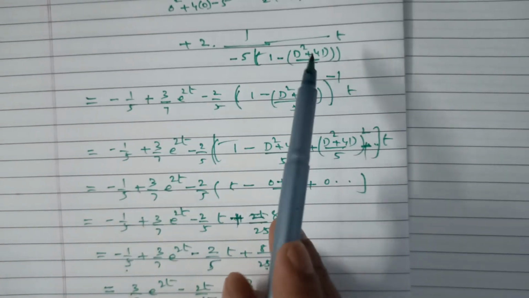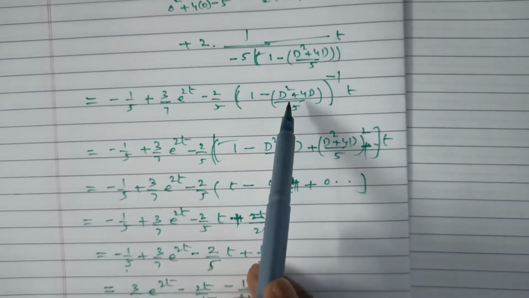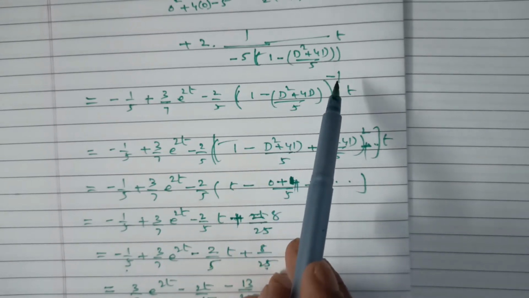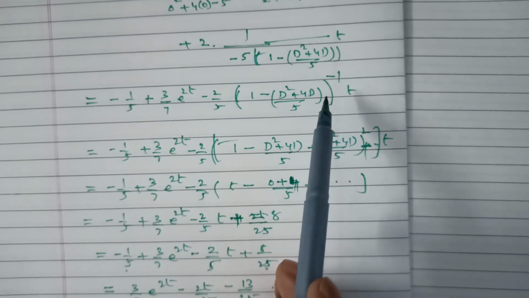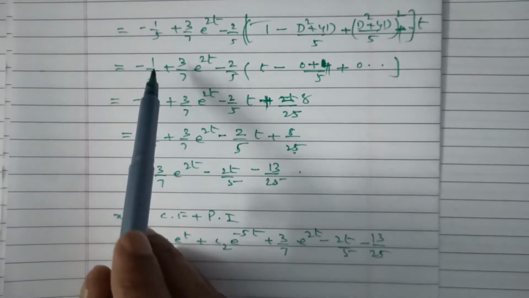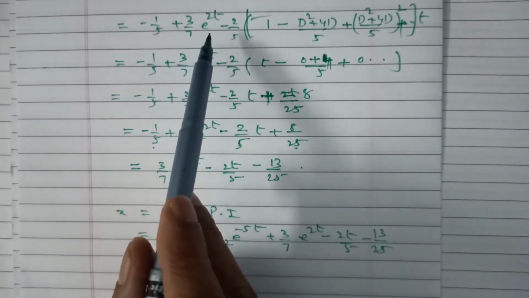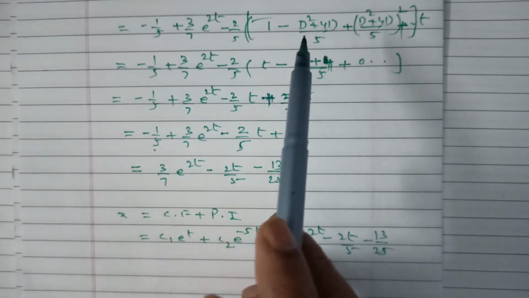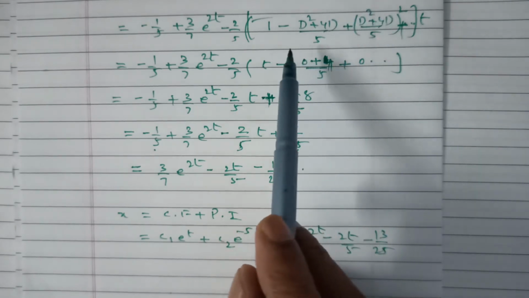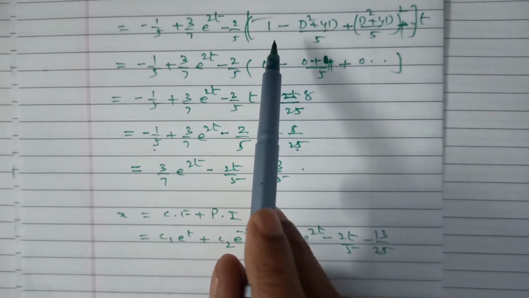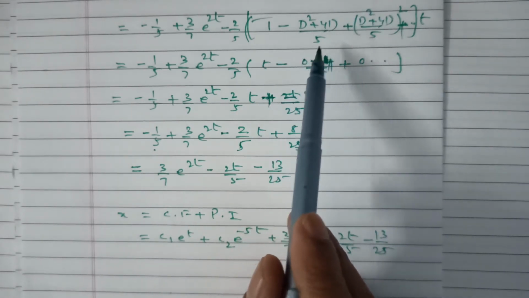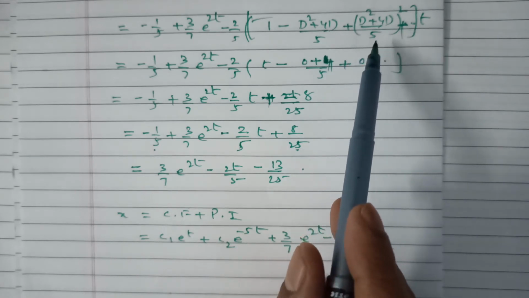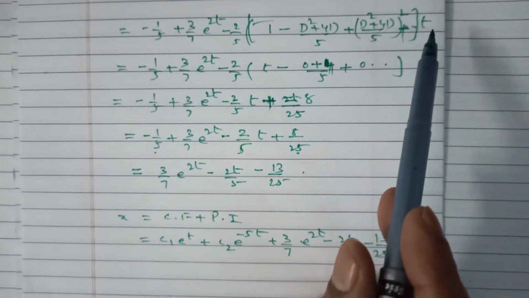Next, take this denominator to the numerator: (1 minus (D square plus 4D) by 5) whole power minus 1 of t is equal to minus 1 by 5 plus 3 by 7 e power 2t minus 2 by 5 into the expansion. 1 minus x whole power minus 1 is 1 plus x plus x square and so on. So 1 plus (D square plus 4D) by 5 plus ((D square plus 4D) by 5) whole square and so on, of t.